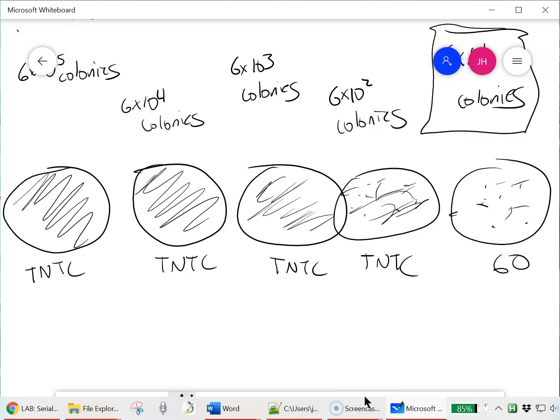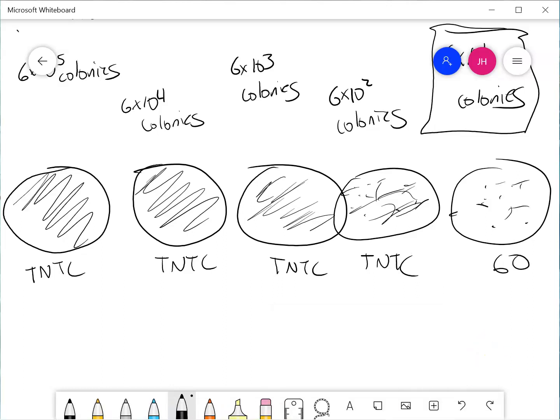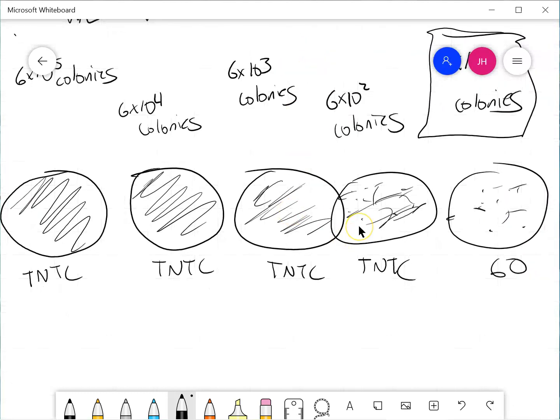And so we asked them, okay, well, how many cells were in the original sample with unknown population size? What was the population size? Based on this number, well, they would have to know the dilution. And they would, because we would have labeled these plates 10 to the minus 1, 10 to the minus 2, 10 to the minus 3, 10 to the minus 4, 10 to the minus 5.